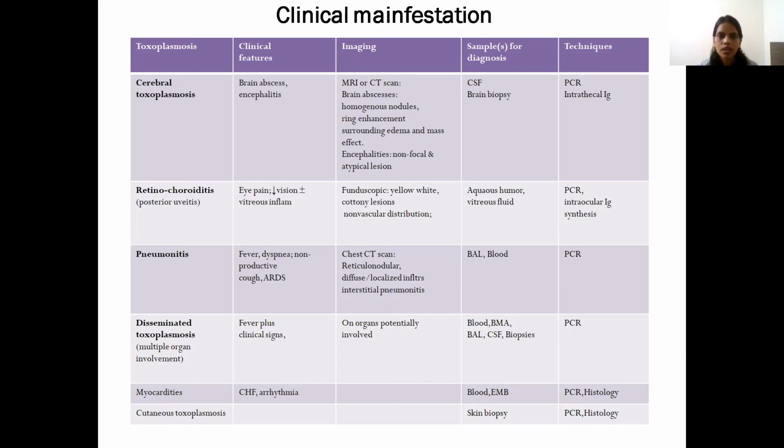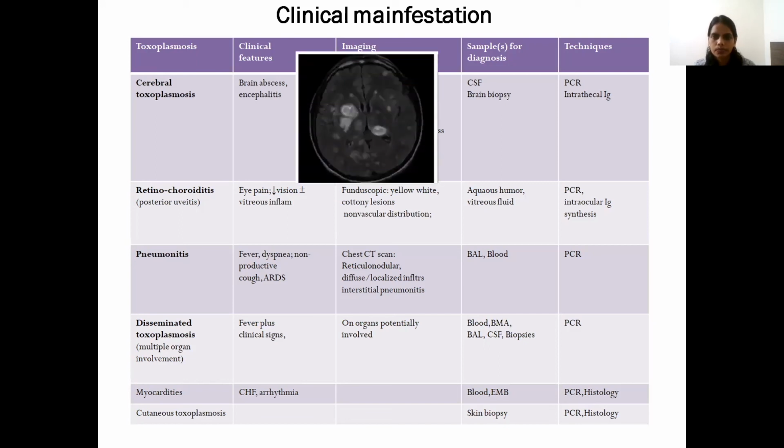In a brain abscess, the MRI features will be homogeneous nodules with ring enhancement, associated with surrounding edema and mass effect. To diagnose it, PCR is generally used in the CSF, and sometimes in undefined cases, brain biopsy can be done.